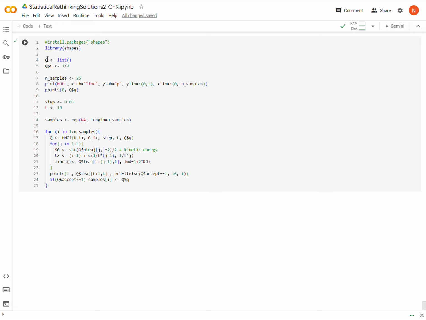We start with our list that we initialize at a beginning probability, and I'm just putting it at 1/2. Our probabilities of water can be anywhere from 0 to 1, so 1/2 seems like a good idea. I need some number of samples, and we're going to run this for 25 iterations, and that's what we have here. You can kind of go through the code.